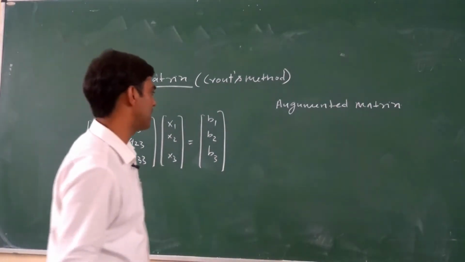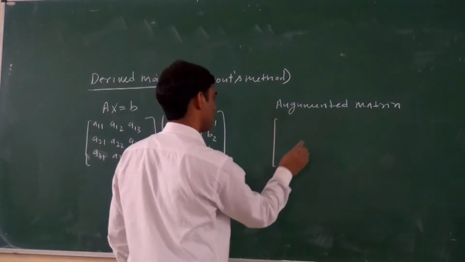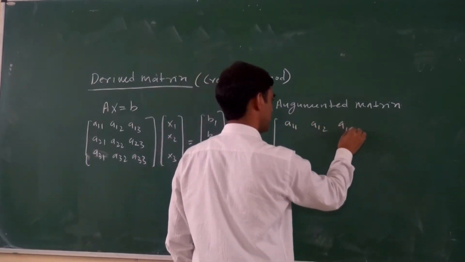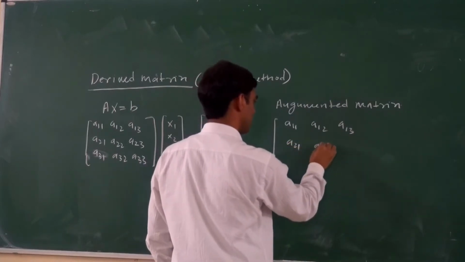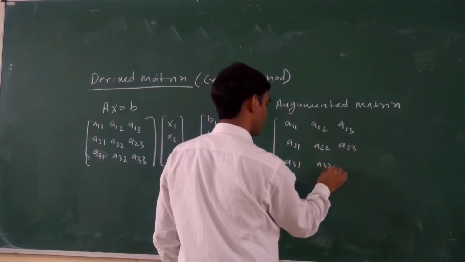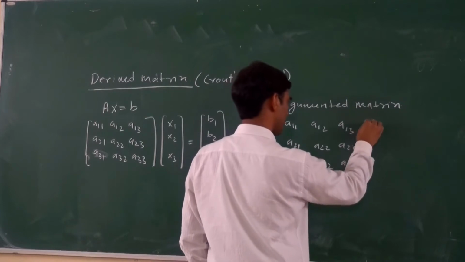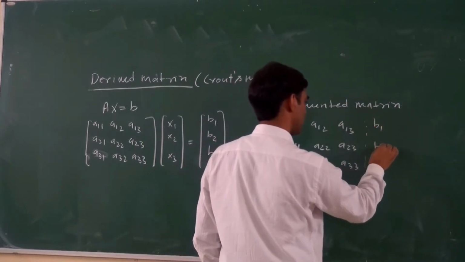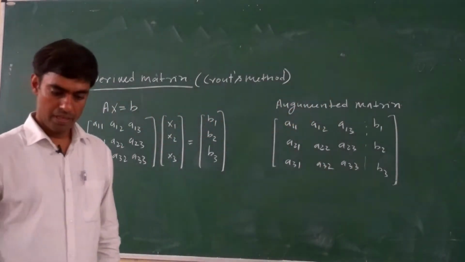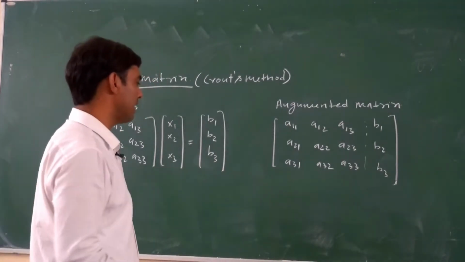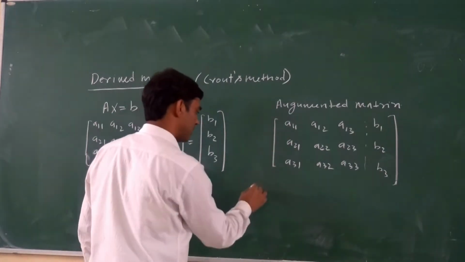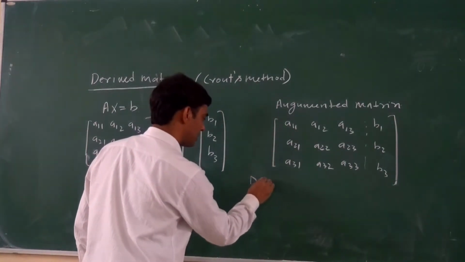So first we write A: A11, A12, A13, A21, A22, A23, A31, A32, A33, and here we write b1, b2 and b3. Crout suggested a derived matrix built from this augmented matrix.